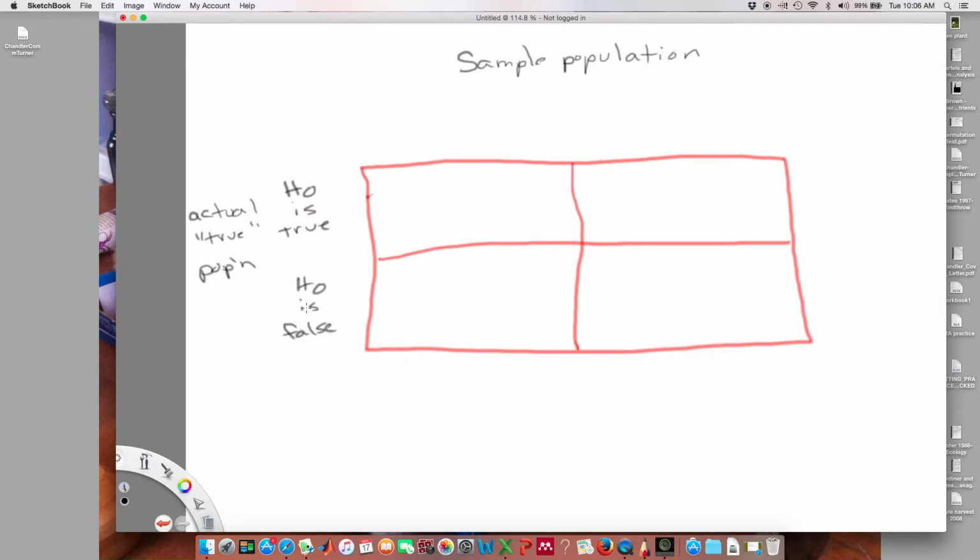This would also be our alternative hypothesis. So let's say for the sample population, this is the group we run our stats on, and we're trying to make inferences about the bigger true population.